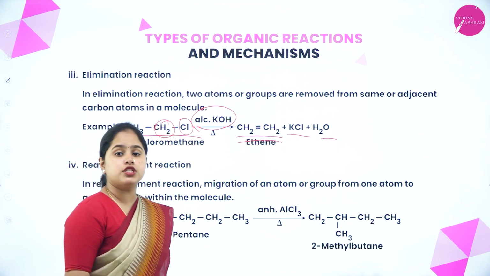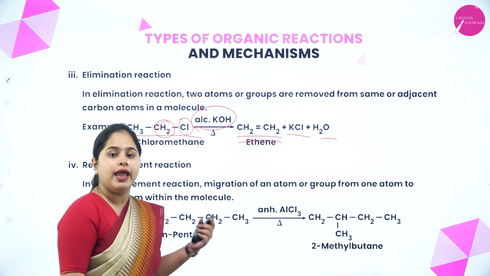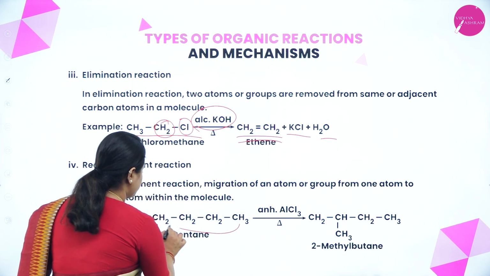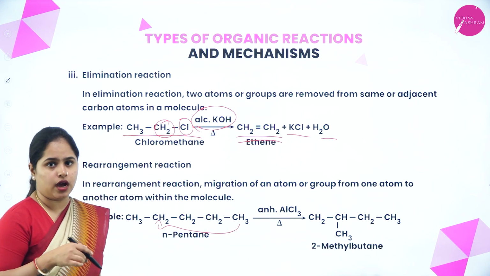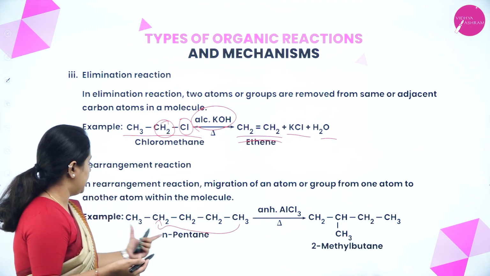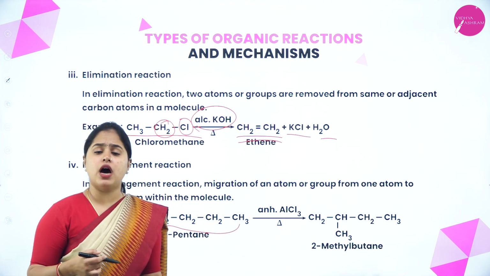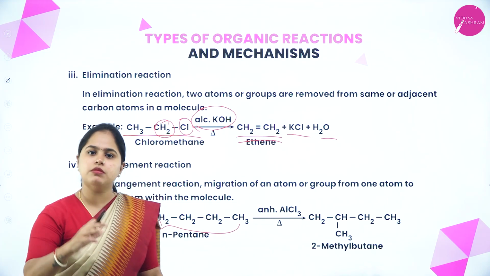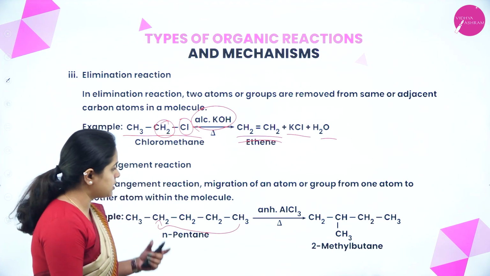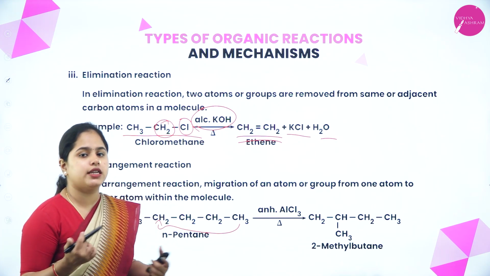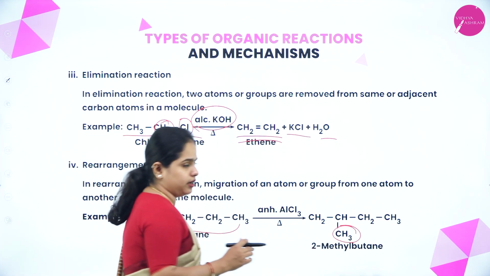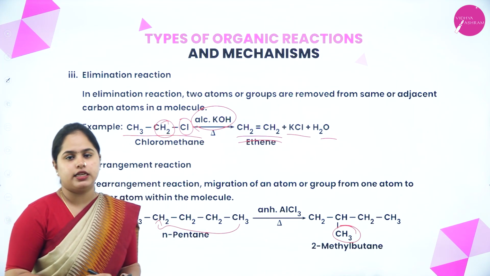When it undergoes reaction in the presence of anhydrous AlCl3 and heat, this CH3 group comes and attaches to the second carbon atom. Even though the number of carbon atoms is the same, the structure is different. The molecular formula is the same, the structure is different. Inside the molecule itself, rearrangement is taking place and the CH3 group comes and attaches here. So this is called a rearrangement reaction.